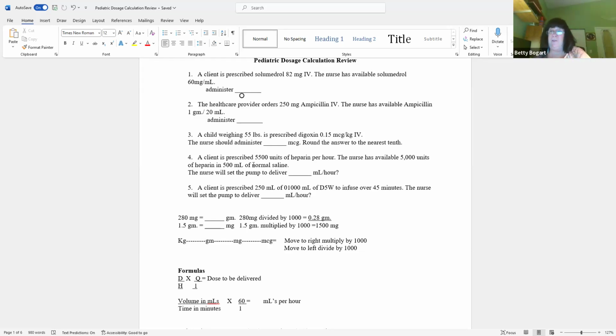And then you'd figure out the dose, but how many mLs to give. This one, number 3, is just a dose. How many micrograms to be delivered? But remember, it might be another step: figuring out the dose and then figuring out mLs per hour.